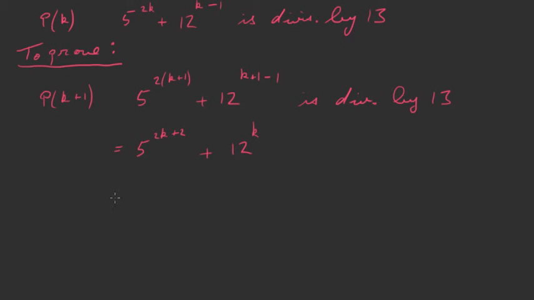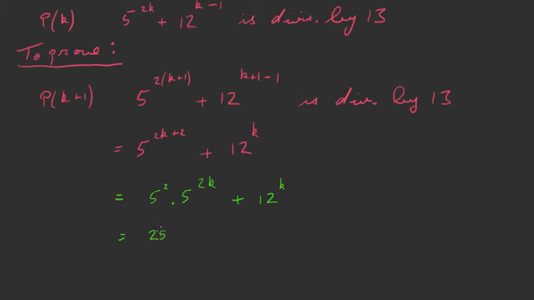So let's have a look at doing that first. I'll just change color here. Let's go for green, I think. This 5 to the power of 2k plus 2 can be split up into 5 to the power of 2 times 5 to the power of 2k. You just add the indices here, in other words, and you'll end up back here. And over here we have 12 to the power of k.